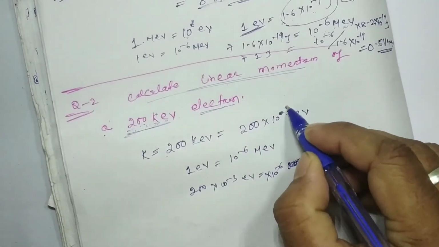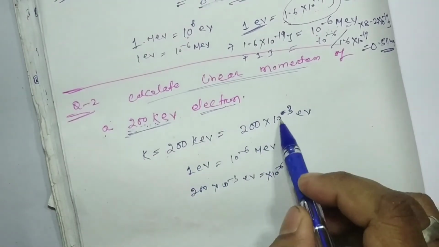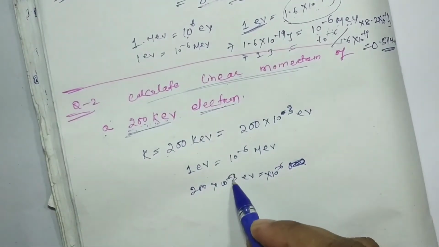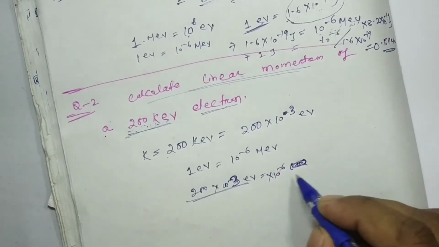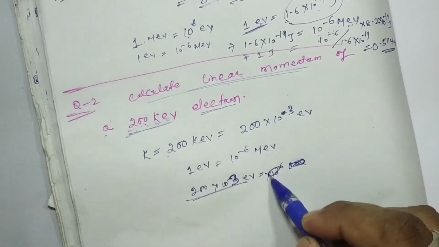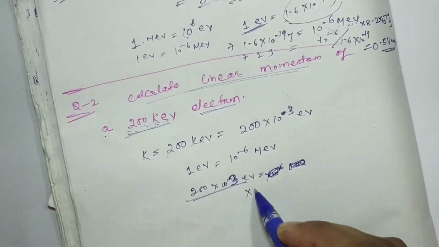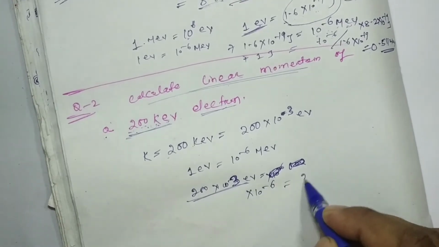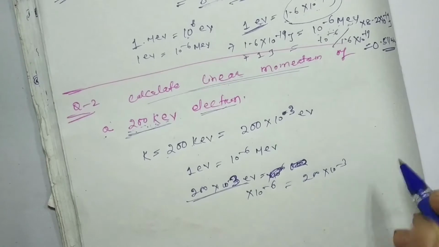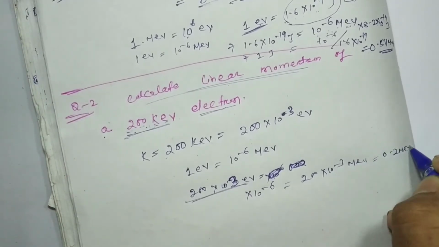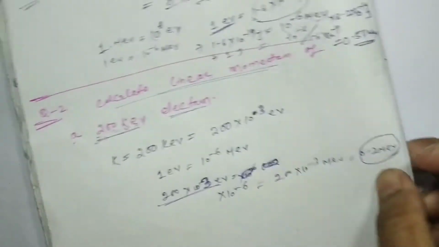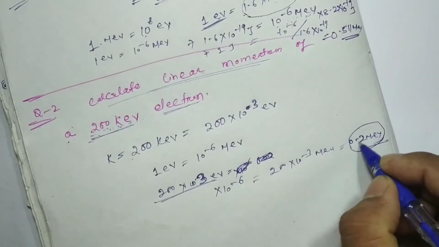This is plus 3. Kilo electron volt means 10 to the 3. So this much electron volt will be how much mega electron volt? It will be this much into 10 to the minus 6. So 200 into 10 to the minus 3 mega electron volt. That means 0.2 mega electron volt, if we consider it in the form of mega electron volt.